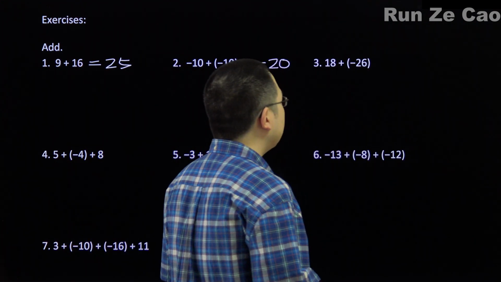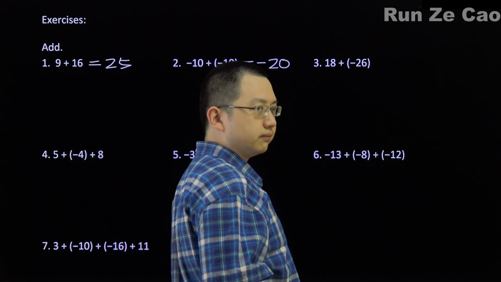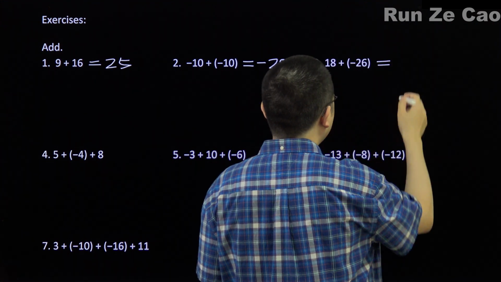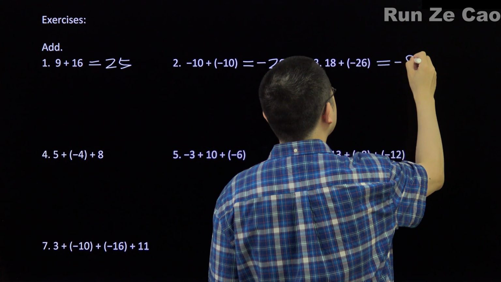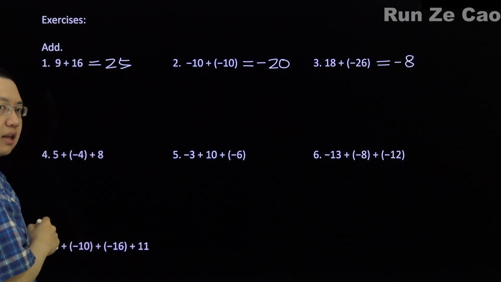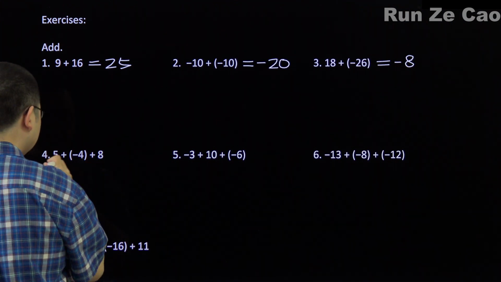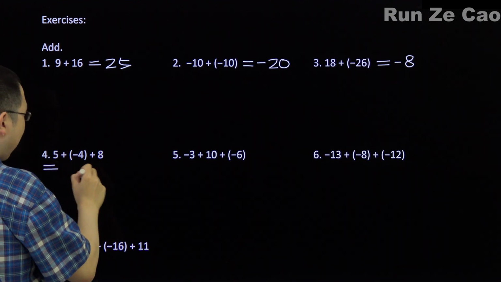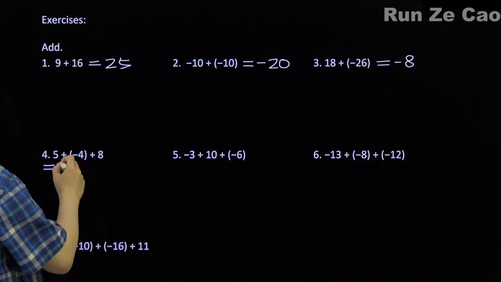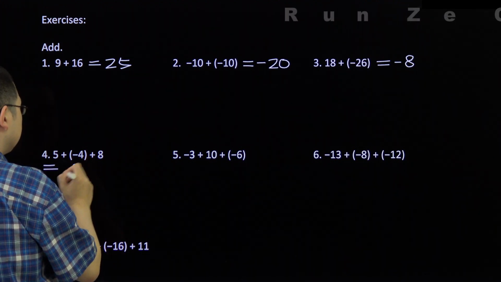18 plus negative 26, so 18, negative 26. That means it's the same as 18 minus 26, which leaves us at negative 8. You can just open up the brackets if you like. Like 5 plus negative 4 plus 8, that's equal to 5 minus 4 plus 8. So that leaves us with 1 plus 8, which is 9.